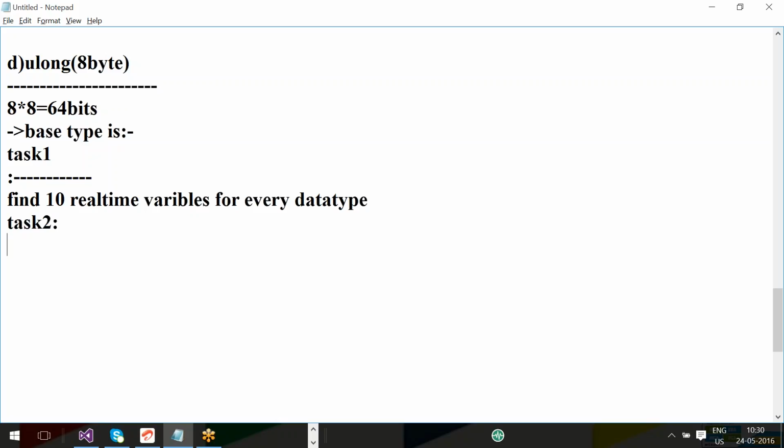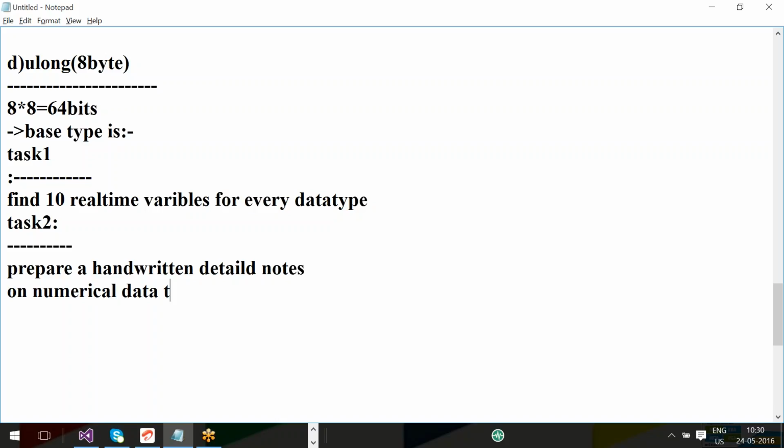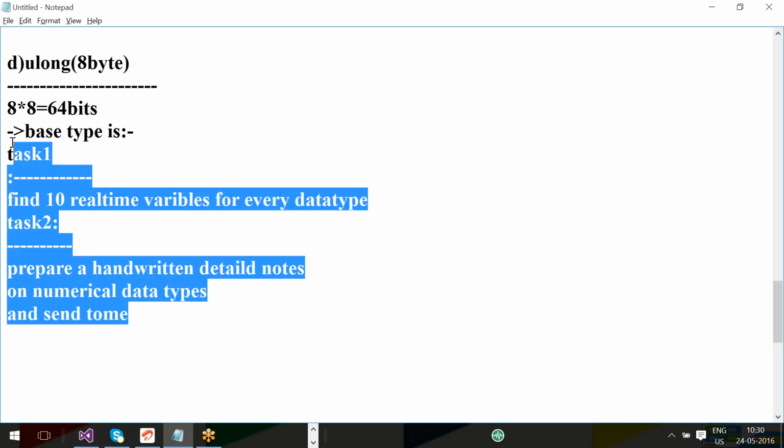Task 2: prepare handwritten detailed notes on numerical data types and send to me. Clear? These 2 tasks you have to complete before you come to tomorrow's session. Then only I'll go to the floating point data types.